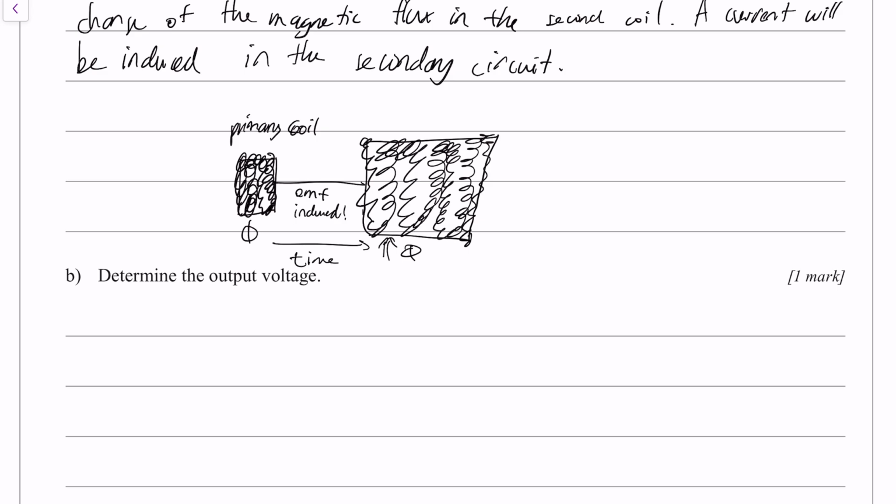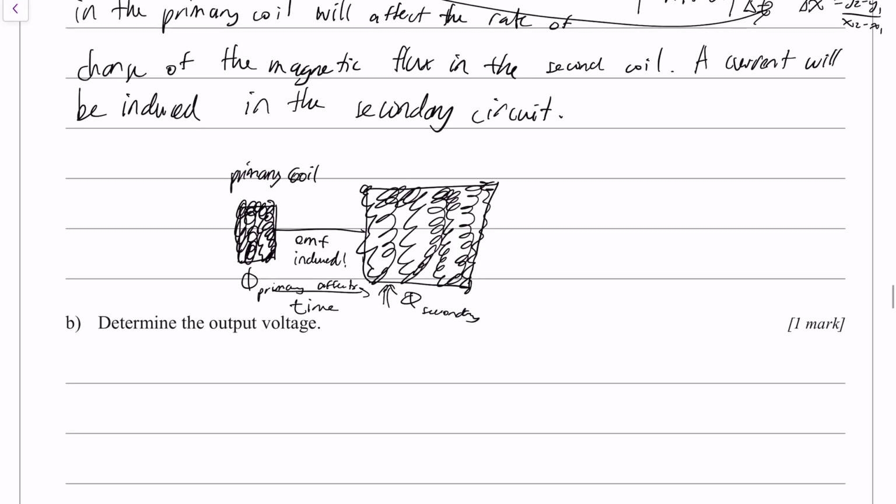then the changing voltage in the primary coil, right, will affect the rate of change of magnetic flux. So primary affects secondary.